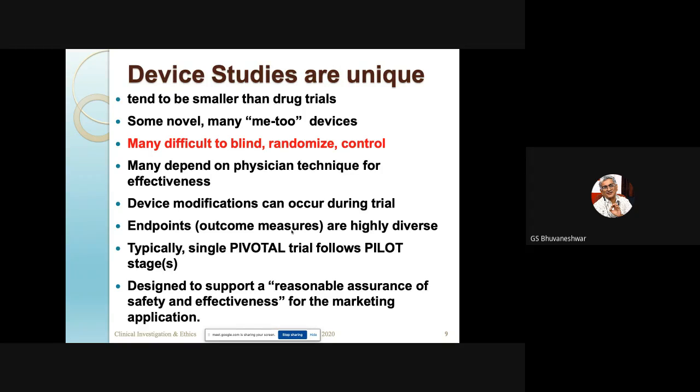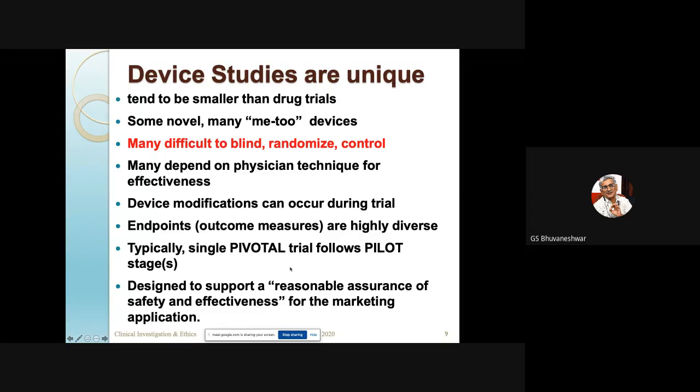So in devices, we do a pilot study where we primarily look at the safety of the device and some limited data on performance or effectiveness, or you can call it efficacy. And then the study moves into usually a multi-center, what's called a pivotal study, where you usually use more than one center. Pilot is done usually in one center and one hospital.